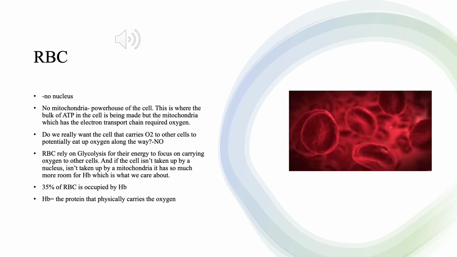Definitely not. And so red blood cells rely on glycolysis for their energy to focus on carrying oxygen to other cells. And if the cell isn't taken up by a nucleus and mitochondria, it has so much more room for the protein hemoglobin, which is what we essentially care about.